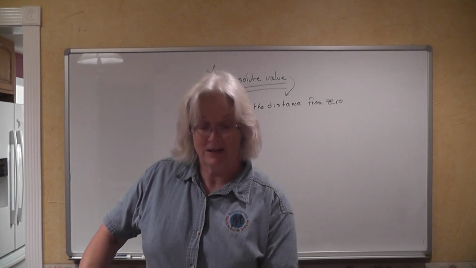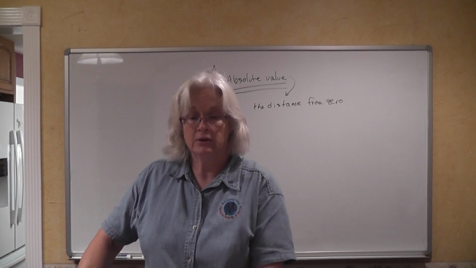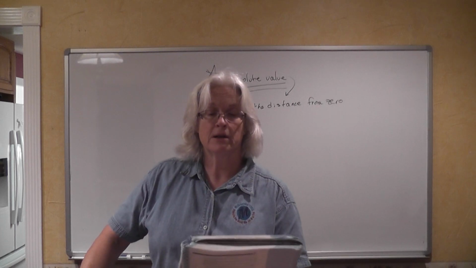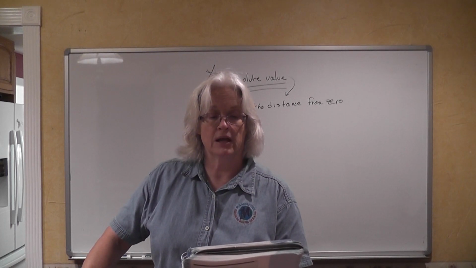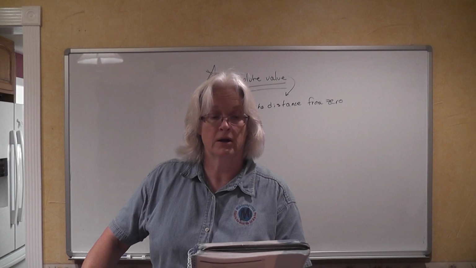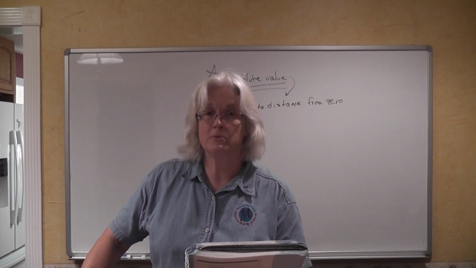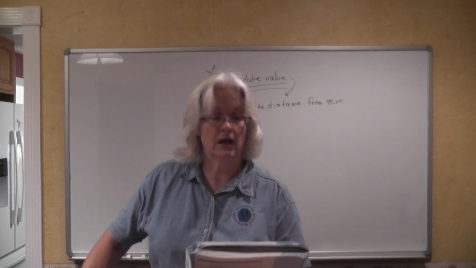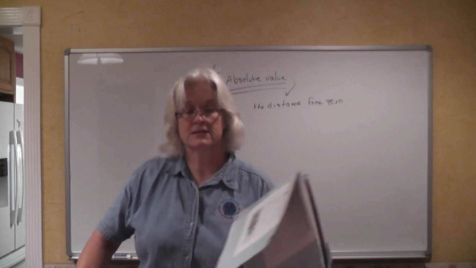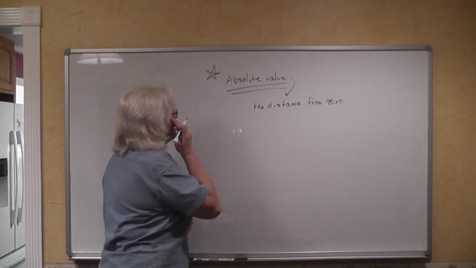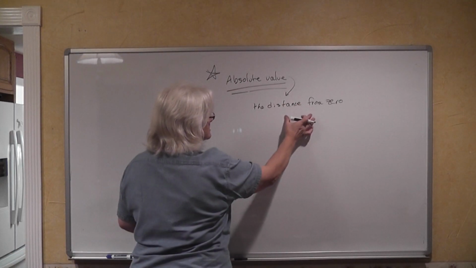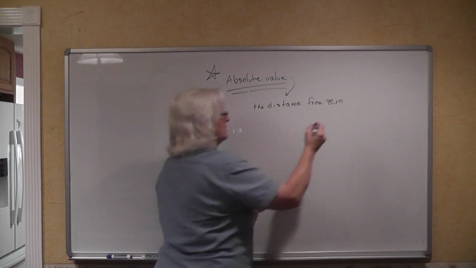Our book tells us that the absolute value of an integer tells the number of units the integer is from 0 on the number line. The symbol for absolute value is these straight lines, and consider the examples below. So, absolute value is the distance from 0 on the number line.